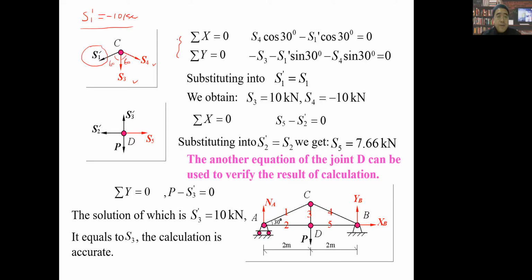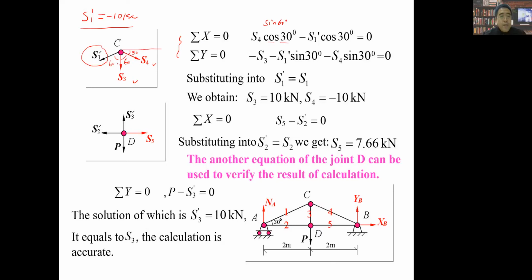So we have sigma x equals 0. So we have S4 times cosine 30. Actually, cosine 30 equals sine 60, you know? Actually, we can draw a horizontal line, and this angle will be 30.